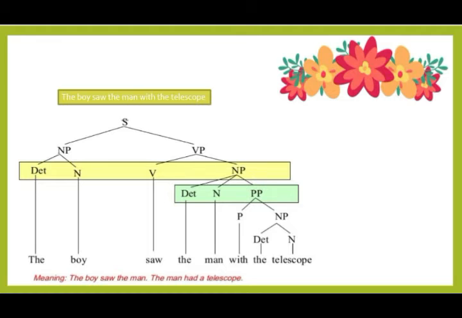And in the second structure, the prepositional phrase is generated by the rule: noun phrase derives determiner, noun, and prepositional phrase. So two interpretations are possible because the rules of syntax permit different structures for the same line or order of words.